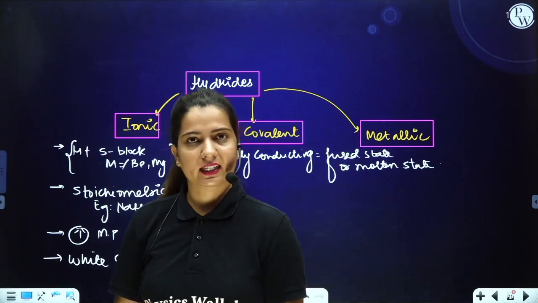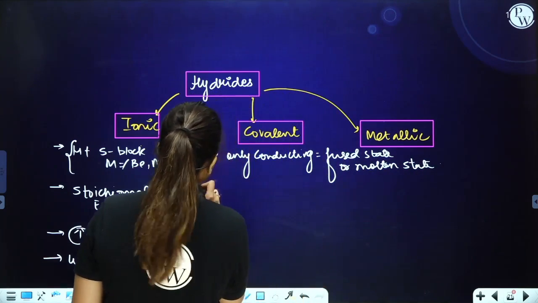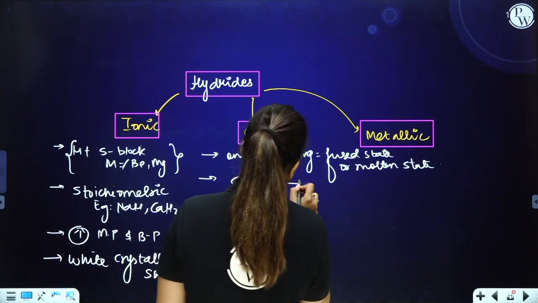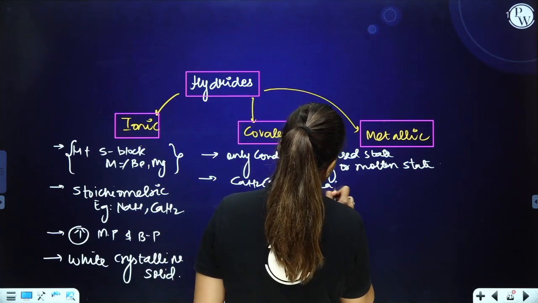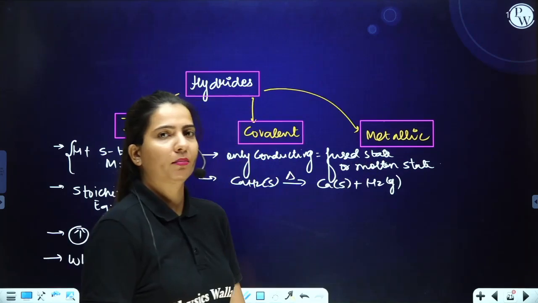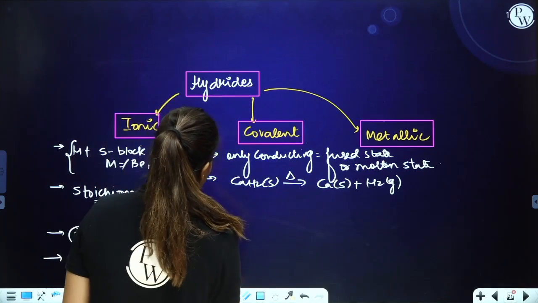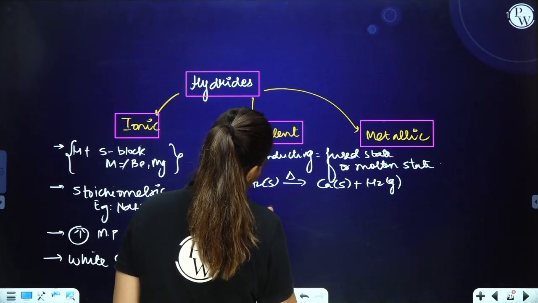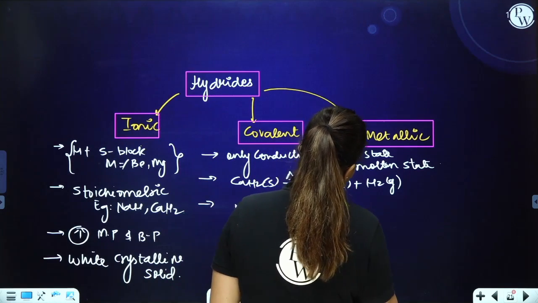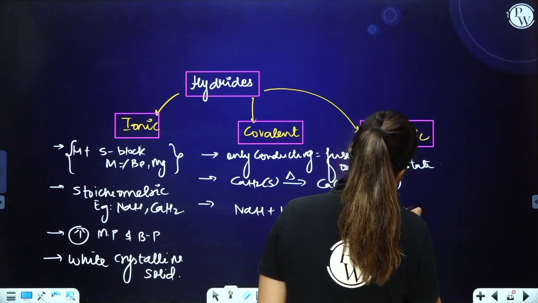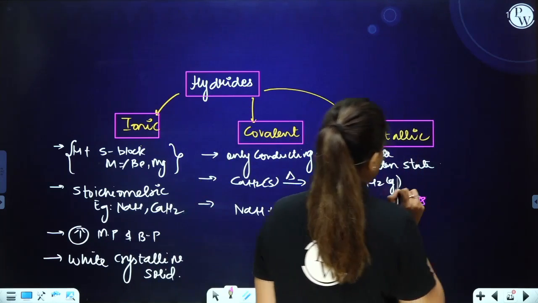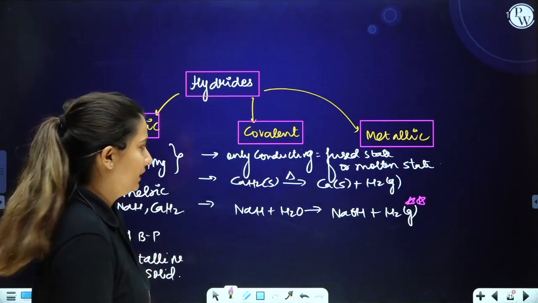Now if you heat any hydride of this type, it will break into calcium solid plus hydrogen gas. And if you react any of the hydrides with water, you are going to get its basic solution plus hydrogen gas evolved. So with this method also you can prepare hydrogen gas.